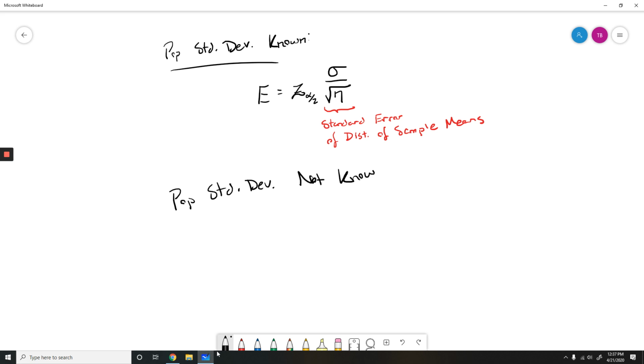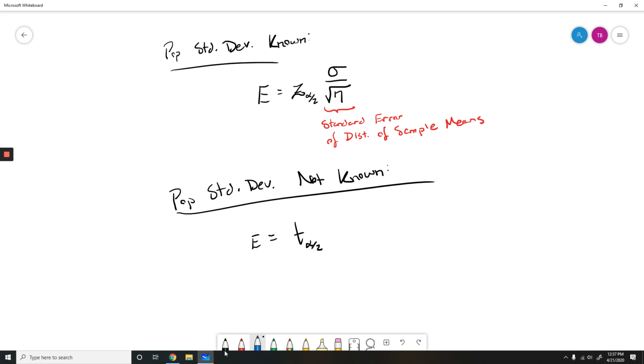But the formula, once you understand what all the pieces mean, is almost the same. So we're using t alpha over 2, and remember we're using a t distribution instead of a normal distribution with its z-scores because we don't know the population standard deviation, so we have to use a slightly less precise distribution.